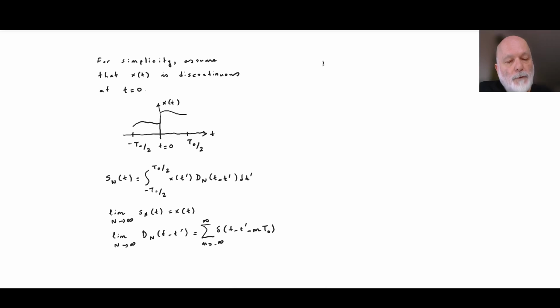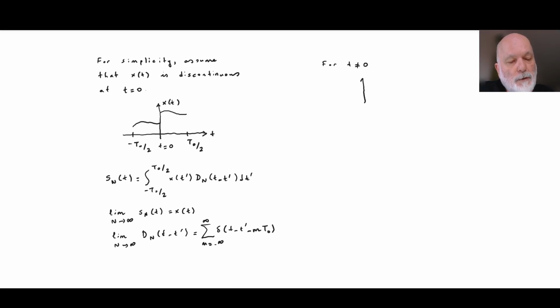For t different from 0, but we are in the interval from minus t0 over 2 to t0 over 2, we have the following interpretation.